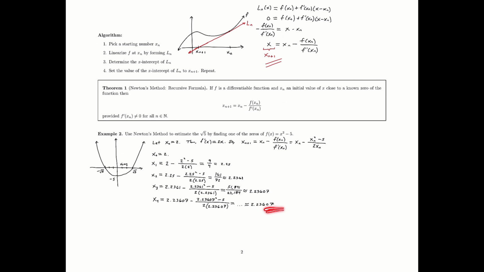And then that would be your 5 decimal place estimate for the square root of 5. So we'll just conclude here. Therefore, the square root of 5 is approximately 2.23607.